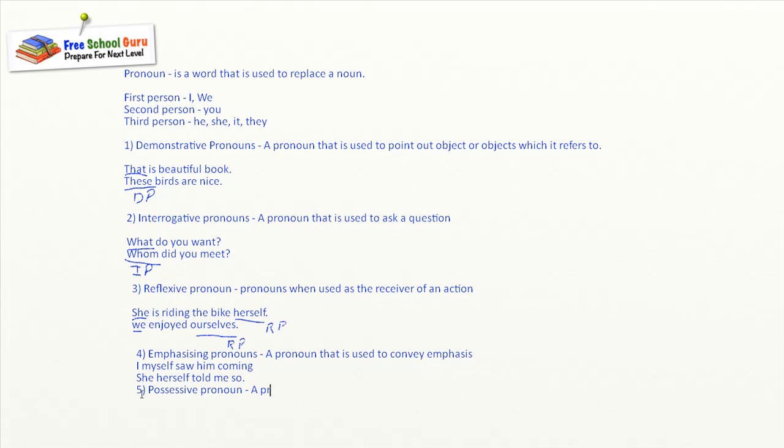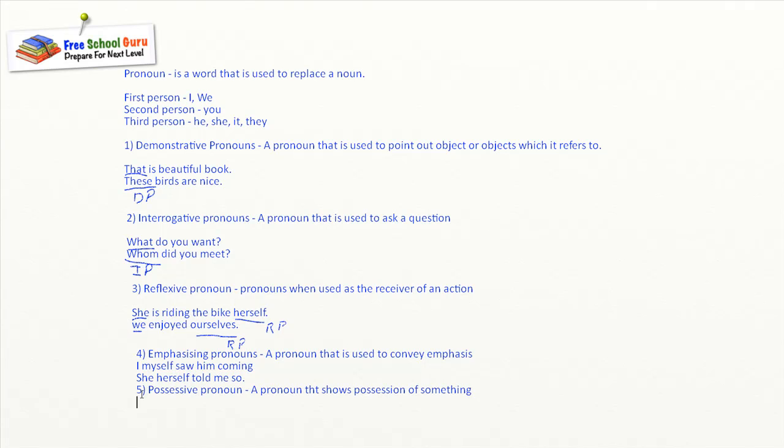A pronoun that shows possession of something is called possessive pronoun. So for example, my, mine, hers, his, these are all possessive pronouns.